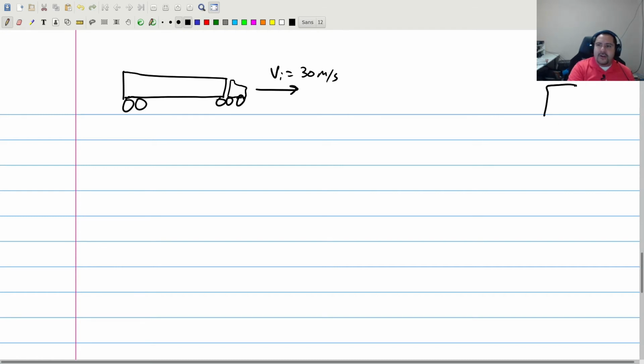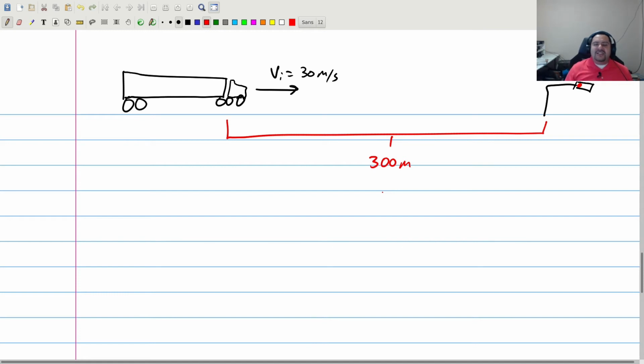And over here, there happens to be a red light. So this semi-truck is going to begin to slow down. And let's say that he is going to travel a distance of 300 meters as he slows down.